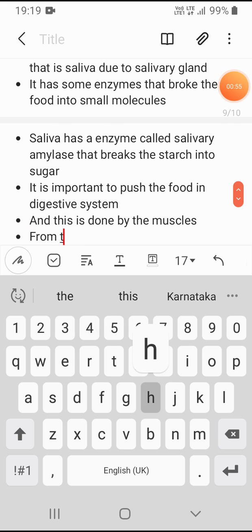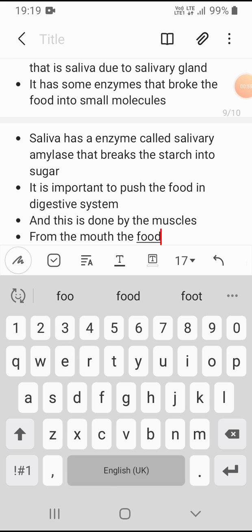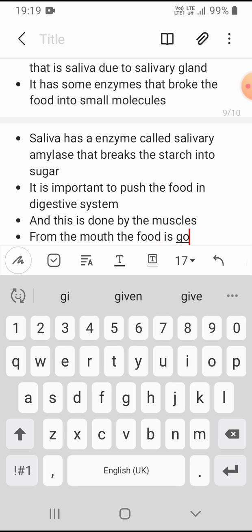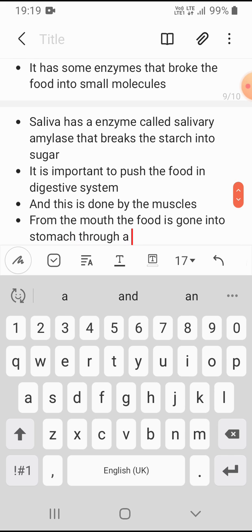From the mouth the food goes into the stomach through a pipe called the esophagus.